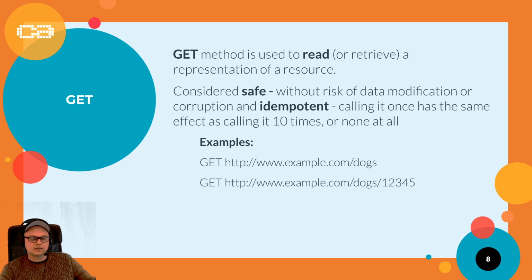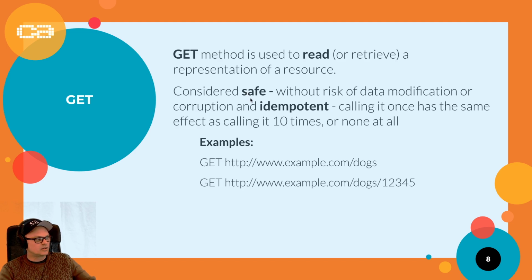A GET request is a request that is used to read, or rather retrieve, a resource. So if you want to read a specific file, you make a GET request. Give me something.